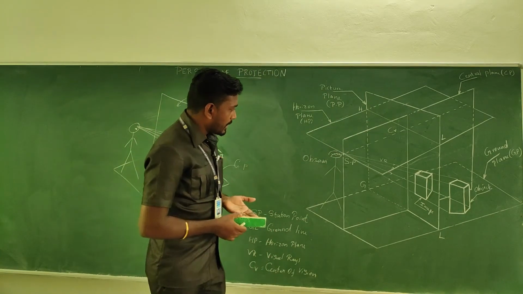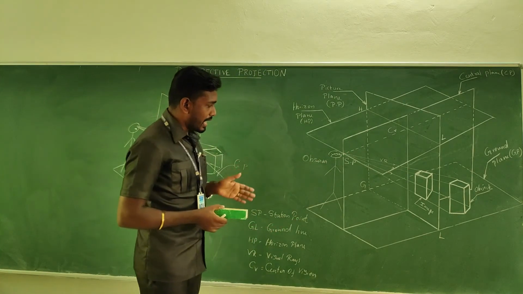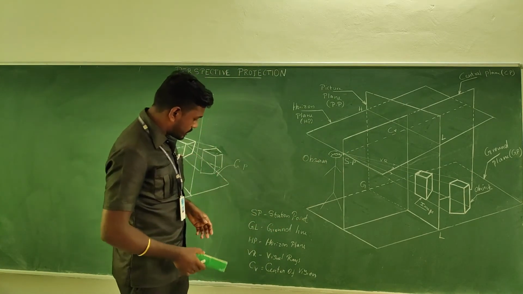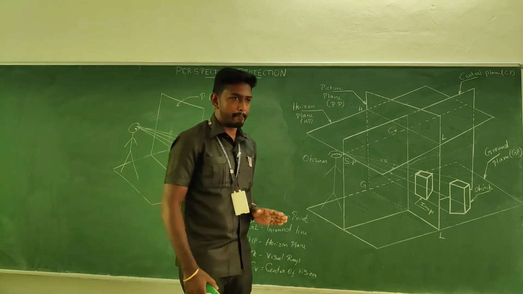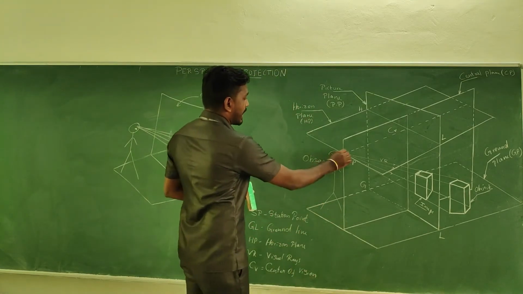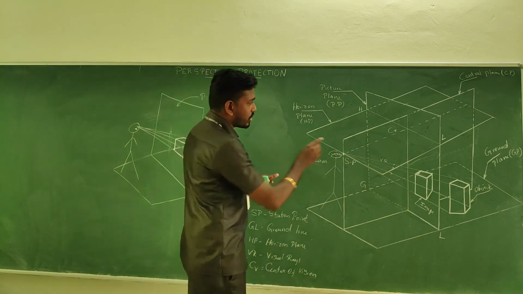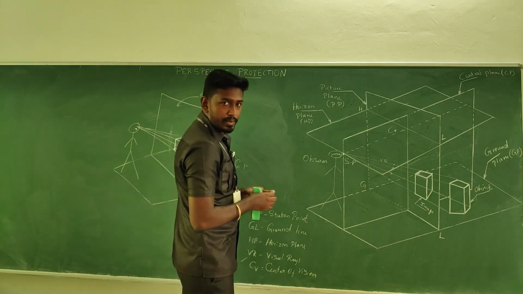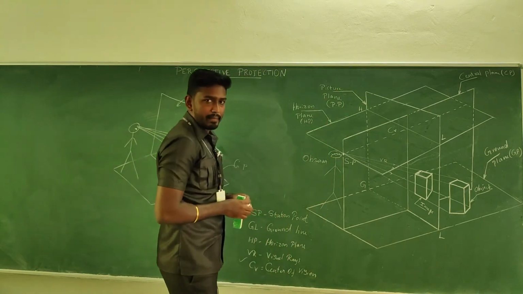Any other things? We know the visual rays, like an eye ray falling on the object. CV is there. CV means center of vision. That means the point at which the axis of vision pierces through the picture plane.